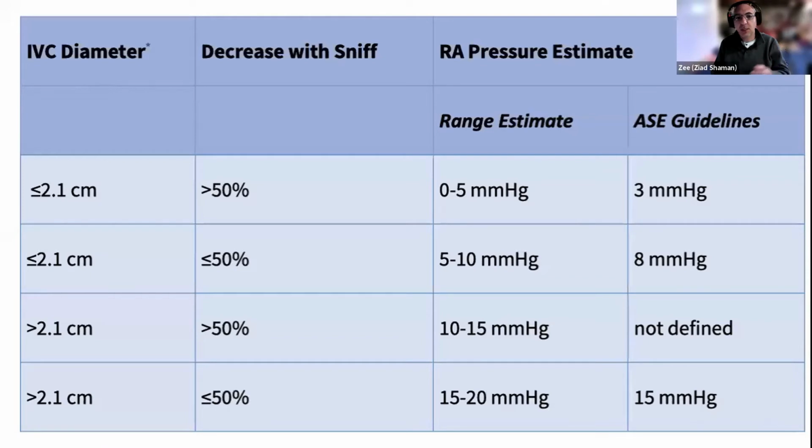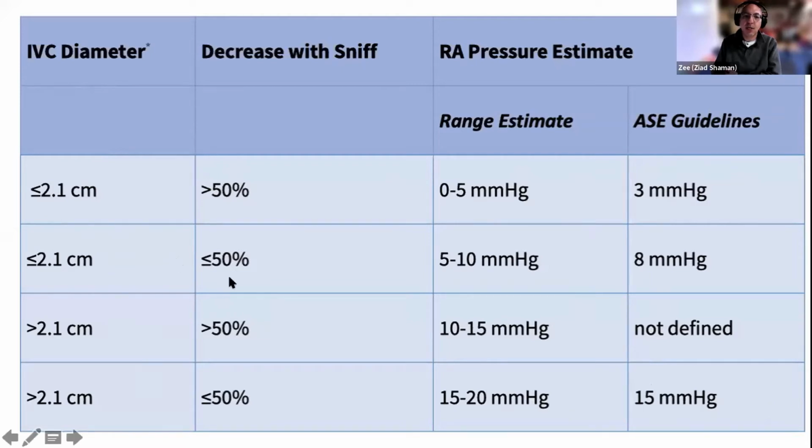But this is what the ASE, the American Society of Echocardiography, uses as a predictor of pressure based on variability with sniff and the absolute diameter of the inferior vena cava. So if you have a diameter of less than 2.1 and you have high collapsibility, then you consider the pressure to be 3 millimeters of mercury. The range is 0 to 5.